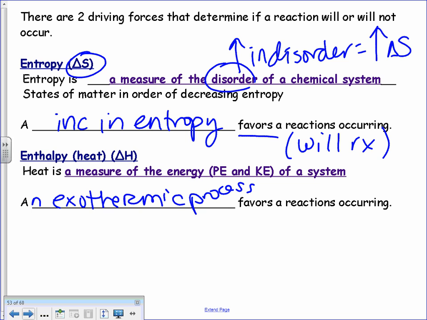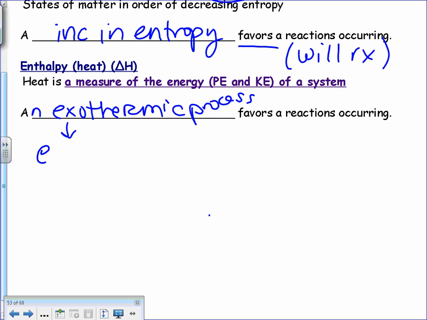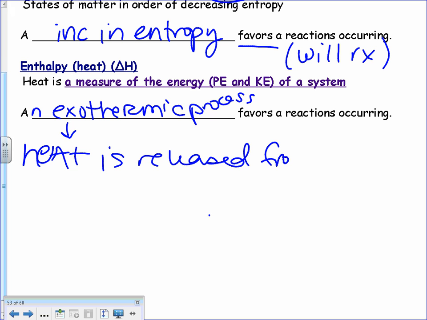And so when I say something's exothermic, do you think energy or heat is being released or absorbed into the reaction? Released. You guys know exo means outside. And so if we're talking about energy, it's going to be going to the outside, which would be released. So this means energy or heat is released from the reaction.